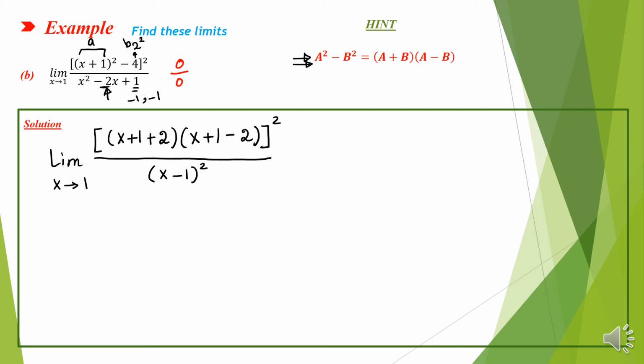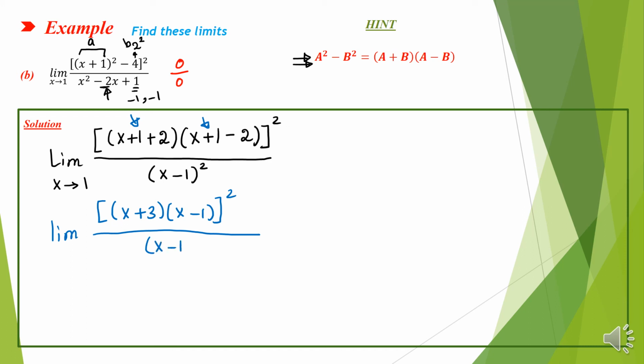Then you have the limit of first bracket x plus 1 plus 2 equals x plus 3 multiplied by x plus 1 minus 2, which is x minus 1, all squared, divided by (x minus 1)^2 when x goes to 1.